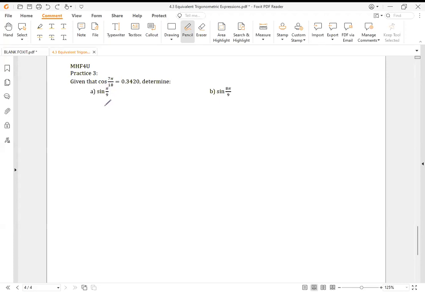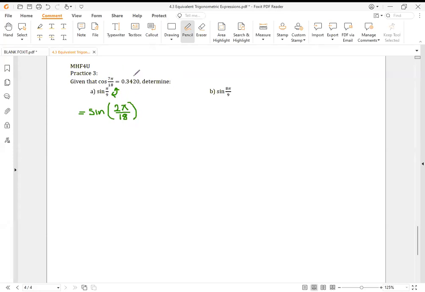Well, here it is. Sine pi over 9. It doesn't seem very related, but since the question gave it to me, I'm assuming there's a trick. I'm going to rewrite this as sine 2 pi over 18. All of a sudden, do you see a relationship, sort of?